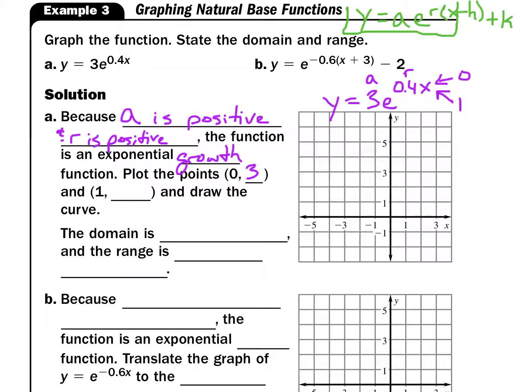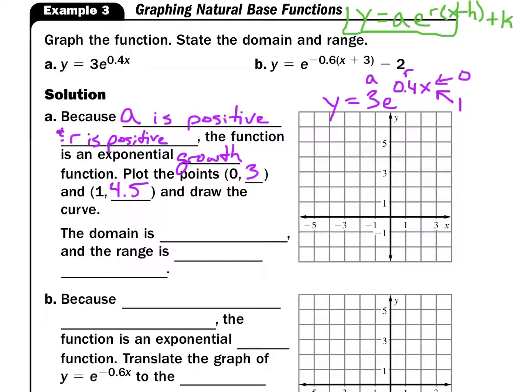E to the 0.4 power, I have to do on a calculator, so e to the 0.4 is equal to about 1.49, and then we multiply that by 3, and we get approximately 4.475. So we'll just go ahead and round that to 4.5. Close enough on this size graph.